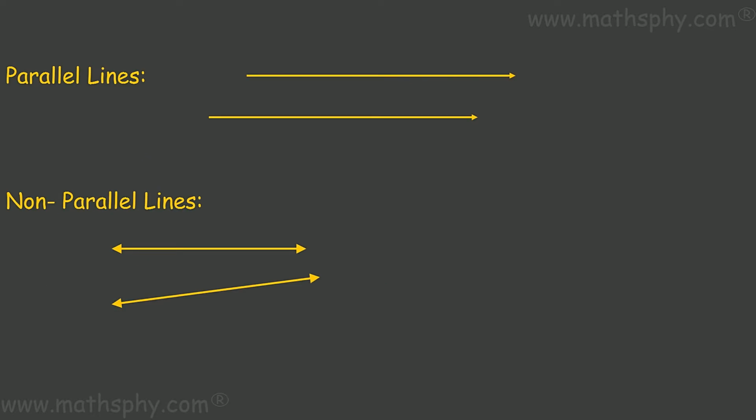Then we have parallel lines. You see, we have these 2 lines, and if you try to see the distance at any point between these 2 lines, at this point, or this point, at any 2 points, if you measure the distance, that will remain same.